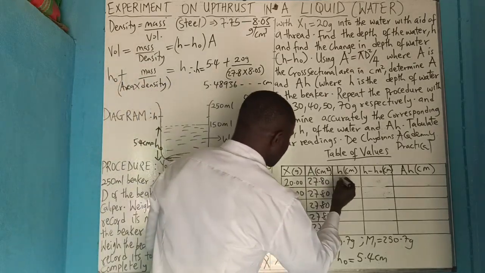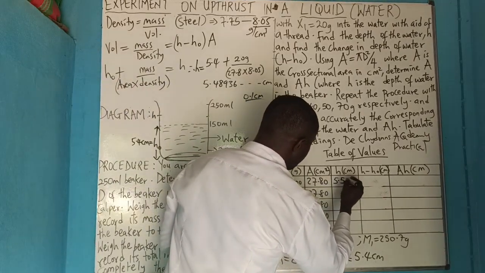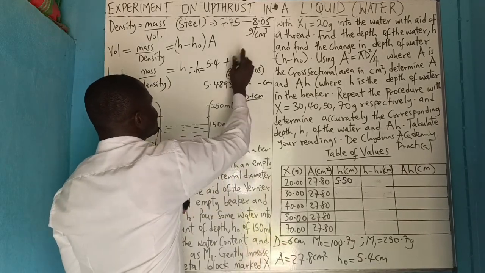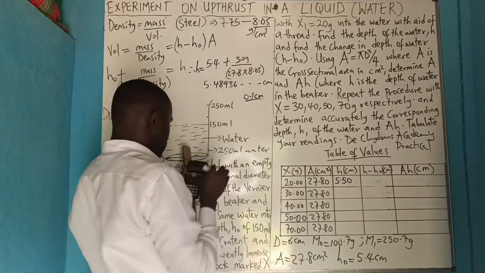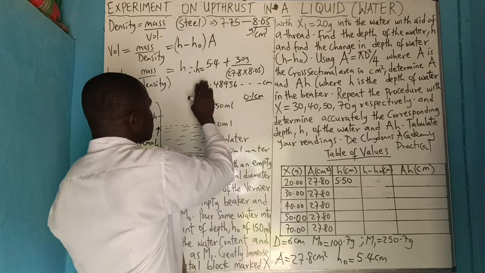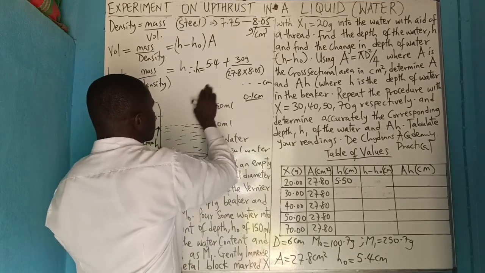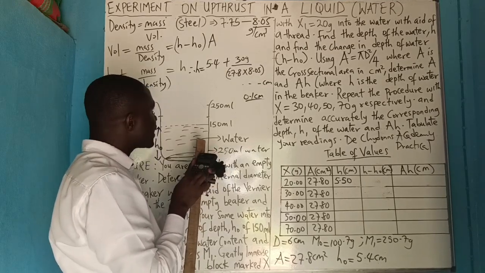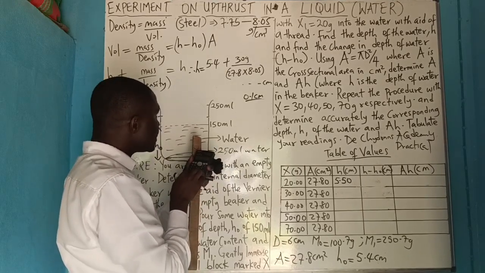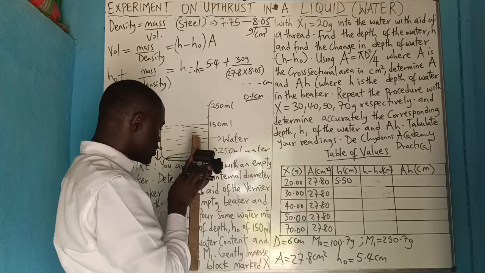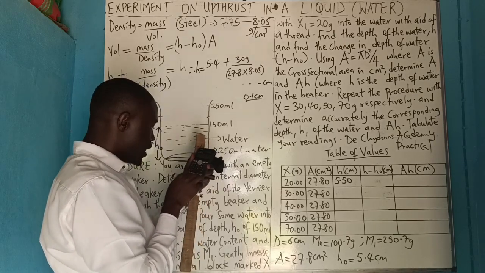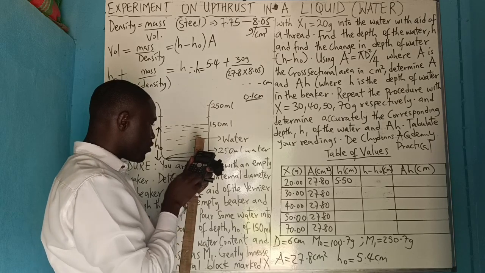You write it here, 5.50. Then you do the same by putting 30 here. You say 30 divided by bracket 27.8 times 8.05, then plus 5.4.